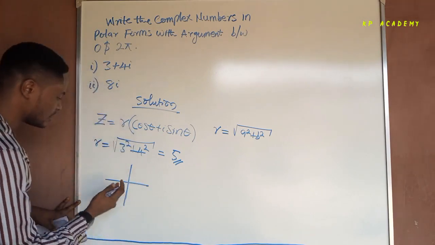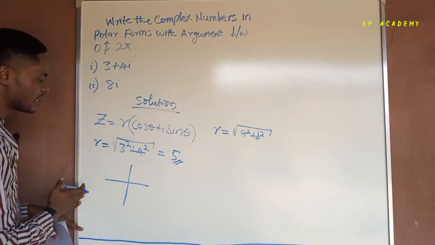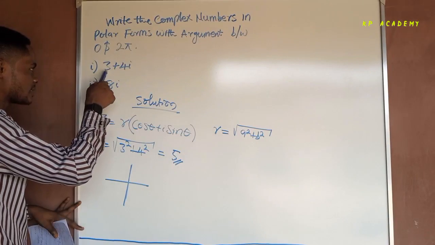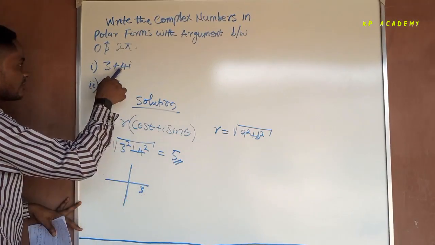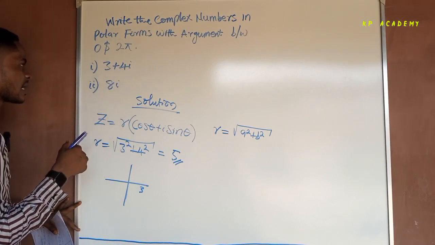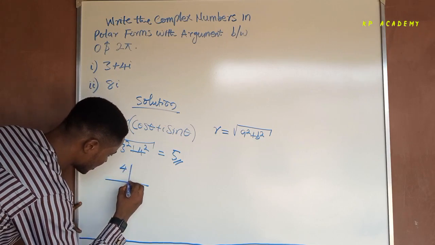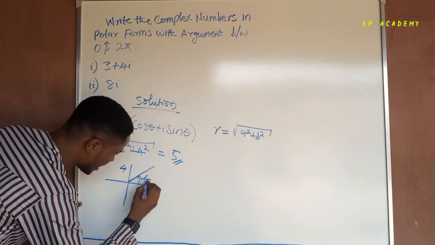The horizontal axis is the real axis, the vertical axis is the imaginary axis. Now this 3 you see here is the real part and it is positive, so we place it somewhere here, and this 4i is the imaginary part and it is positive, so we place it somewhere here, such that this is the diagonal and here is the argument.